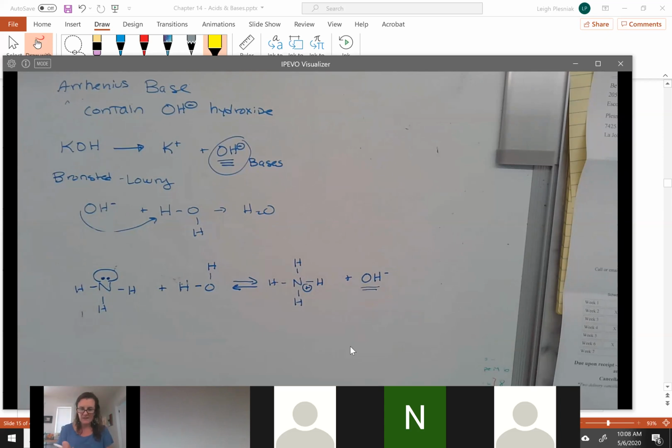And in every acid-base reaction, there's an acid and a base on each side. We identified the ammonia as a proton acceptor. So that makes it a base. And because there's always an acid and a base on each side, this was the proton acceptor.